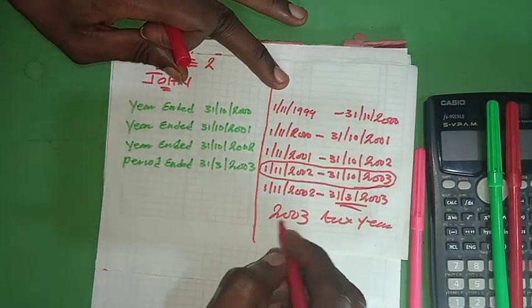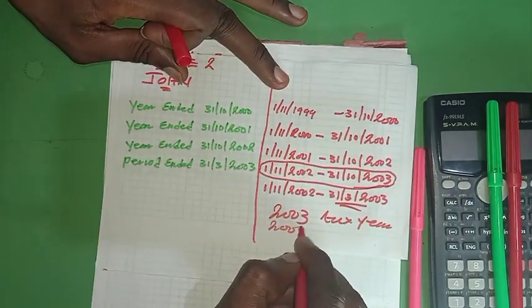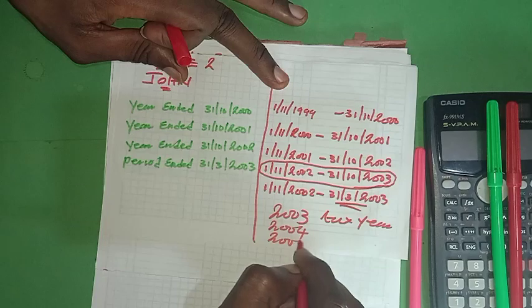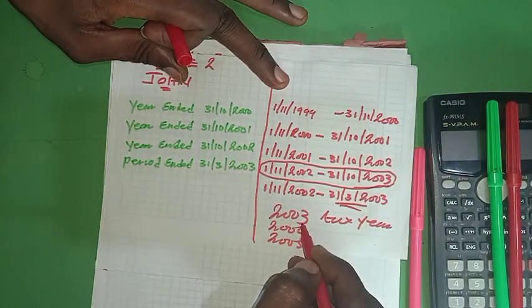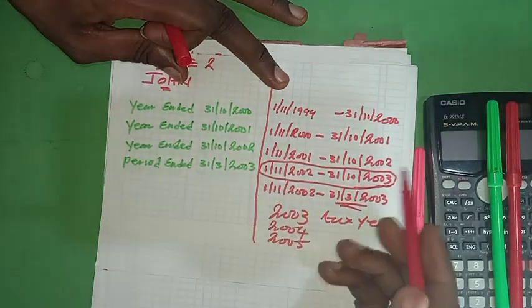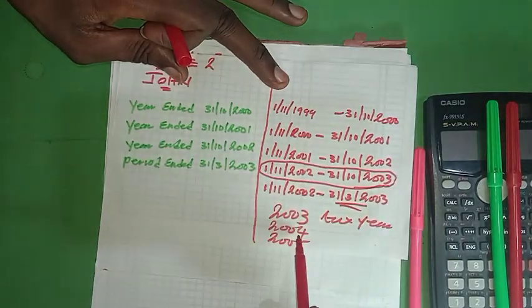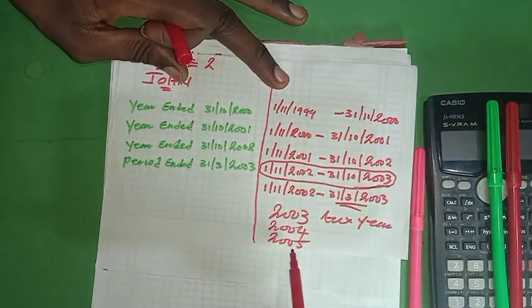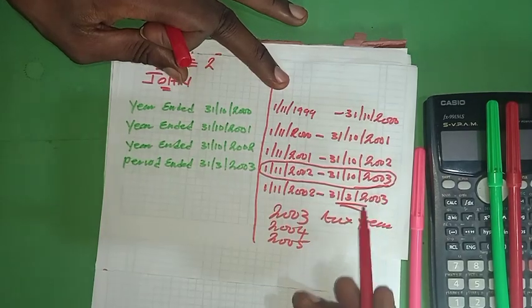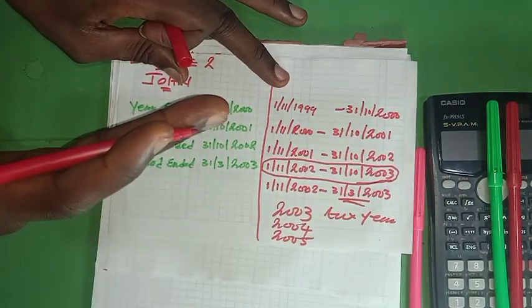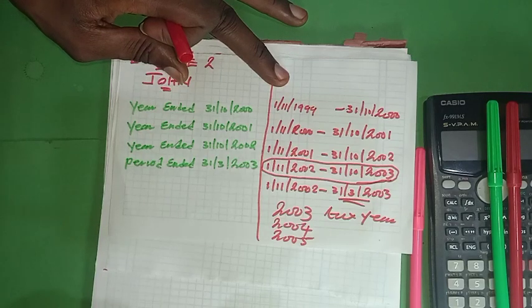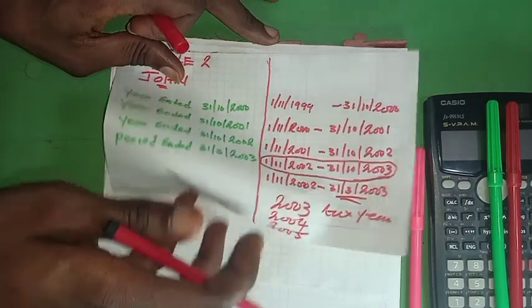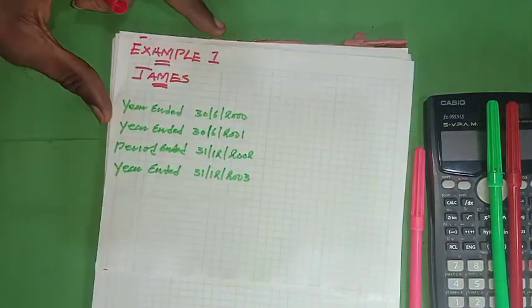The subsequent years will now be 2004 and 2005. The 2003 year is going to assess 2002, 2004 will assess 2003, and 2005 will assess 2004. Then you compute based on the old date and new date. Are you getting it? Good. Let's check the second example and see how it goes.